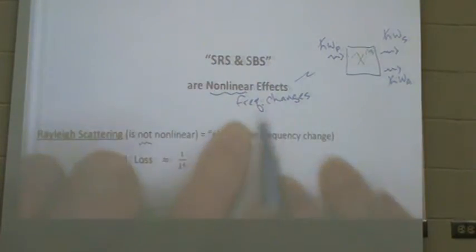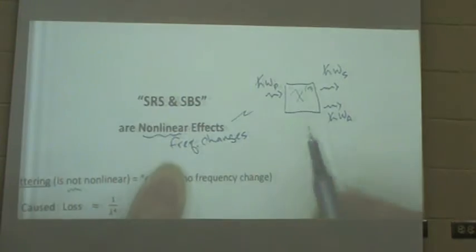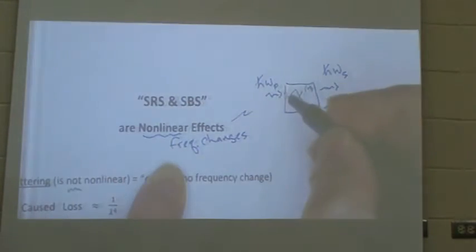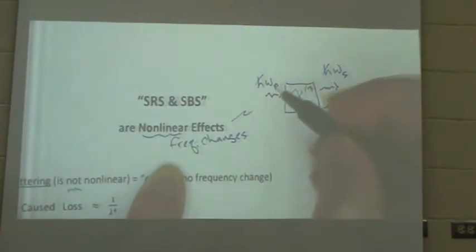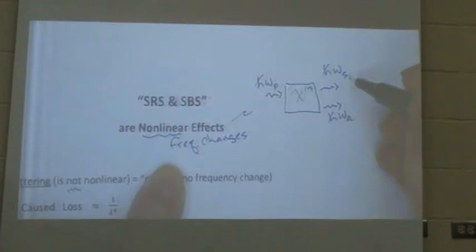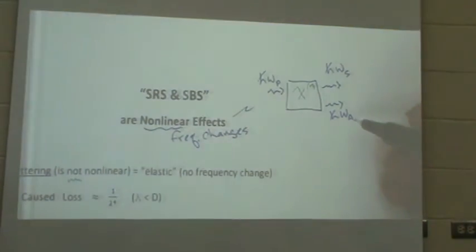in a nonlinear effect, it involves frequency changes, right? So, for example, a frequency comes in and it turns into two different frequencies. This might be called the pump. This might be called the signal. This might be some acoustical or phonon type of wave.